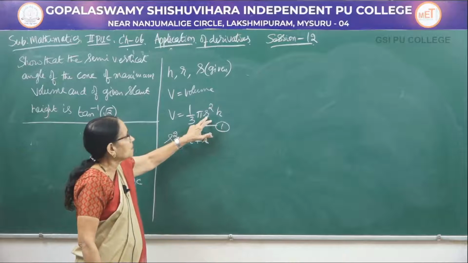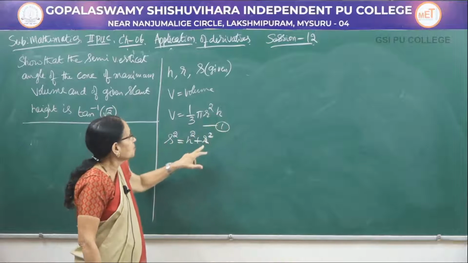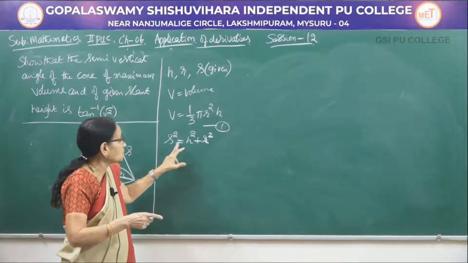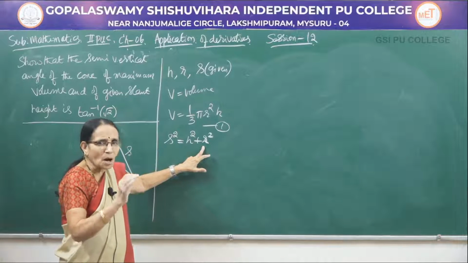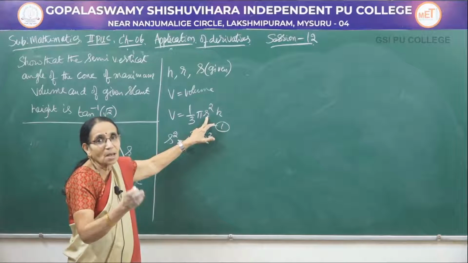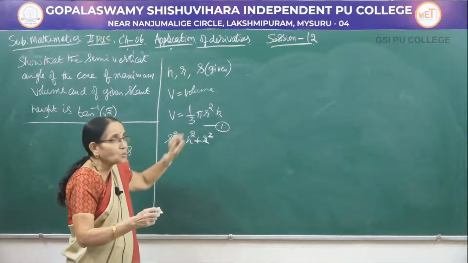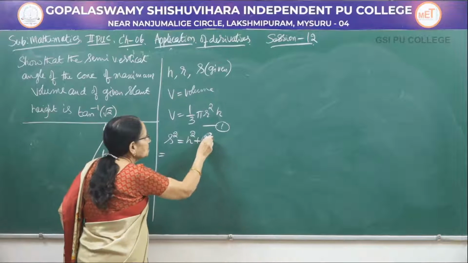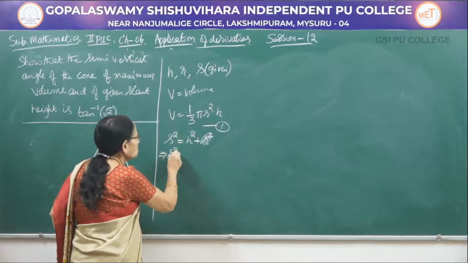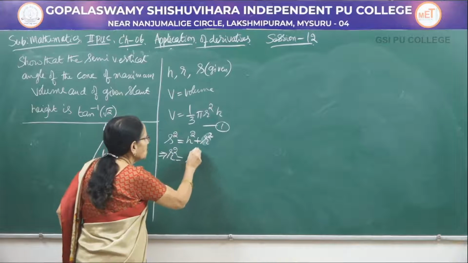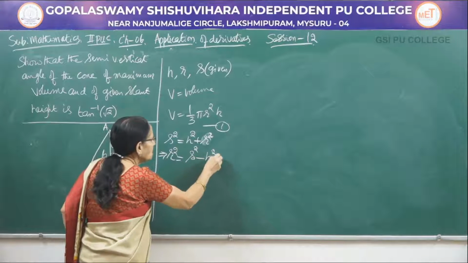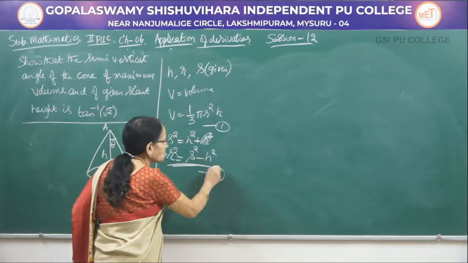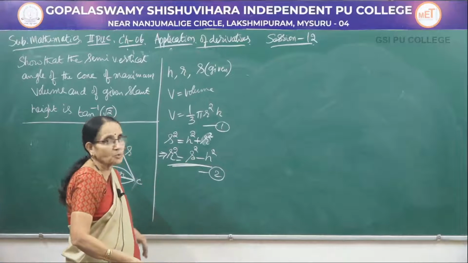In the formula we have R square and H. If you replace H, you will get a root of S square minus R square. To avoid that, look, we already have R square, so it is better to eliminate R here. That means R square can be written as S square minus H square. Now take it as result 2. We will be using it afterwards.